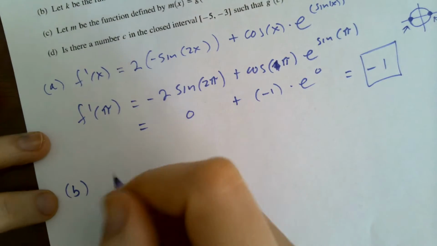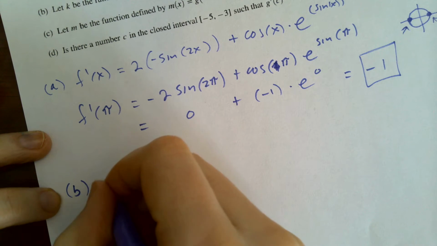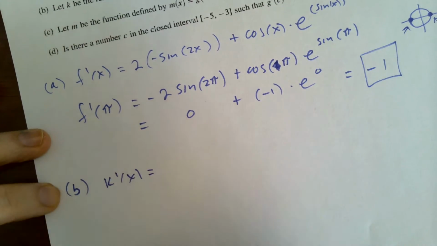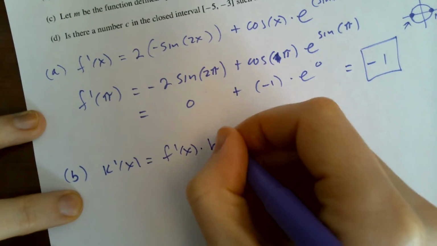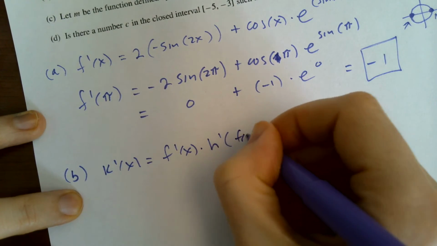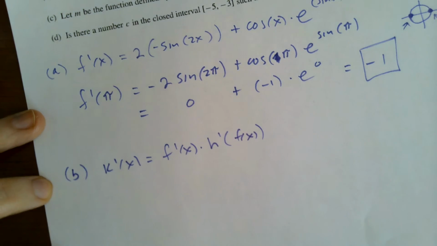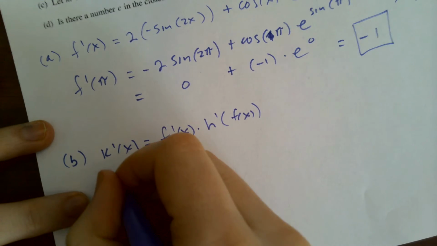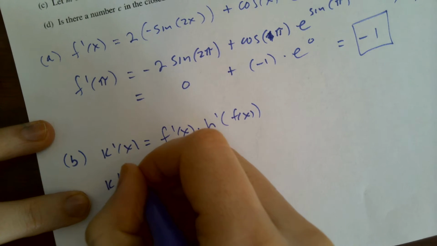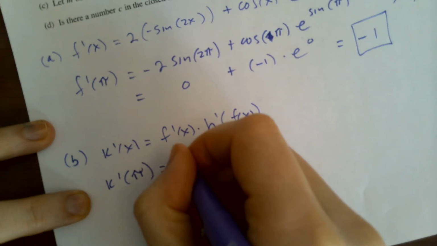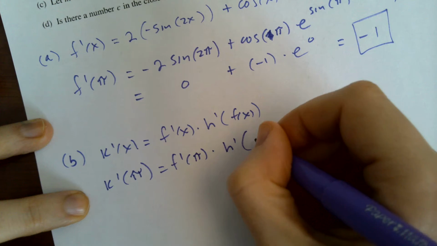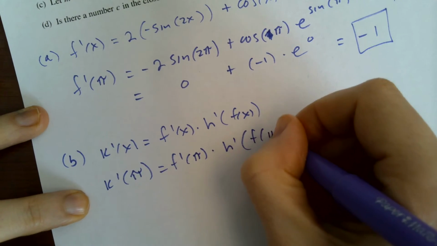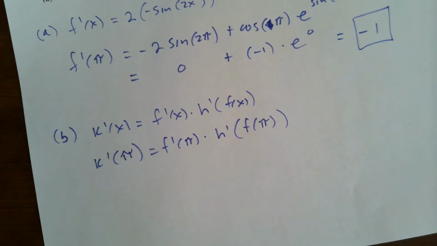Okay, so k prime of x, the derivative of the inside is f prime of x, derivative of the outside is h prime of blank, and then f of x goes back in. But we want k prime of pi. So I need f prime of pi times h prime of f of pi.